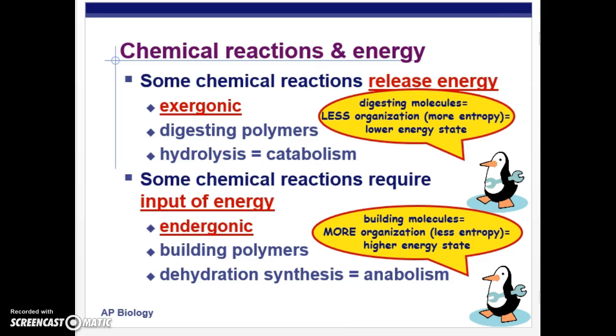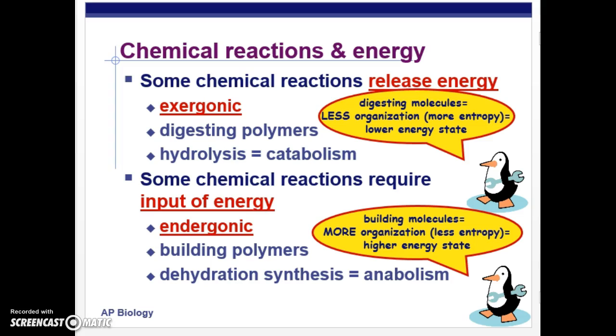So chemical reactions release energy, and when they do that, they're considered exergonic. Reactions that are exergonic are catabolic, or catabolism. They're usually the hydrolysis reactions that may result in the digestion of a polymer, the breaking apart of a polymer.